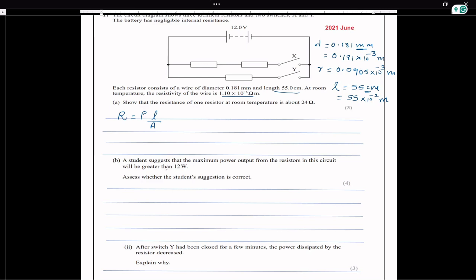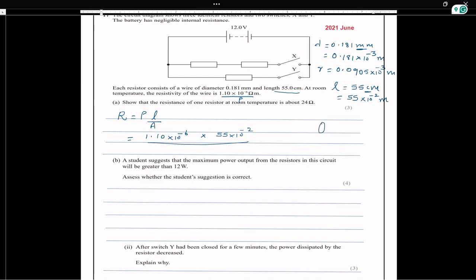Therefore, substituting the values, the resistivity, which is 1.10 times 10 to the power of negative 6 times the length of the wire, which is 55 times 10 to the power of negative 2, the whole thing over the area of cross section.